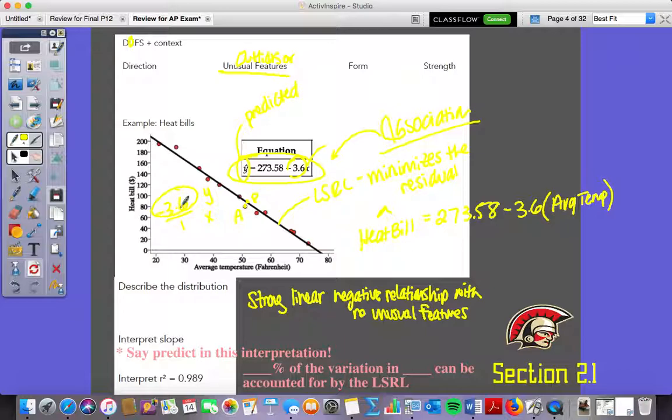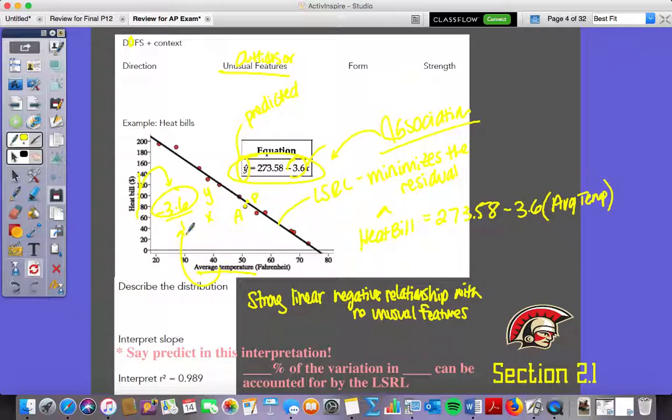So as the y decreases by 3.6, the x will increase by 1. So now, as the heat bill decreases by $3.60, the average temperature will increase by 1. Yeah, as far as the slope goes.